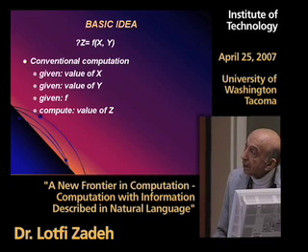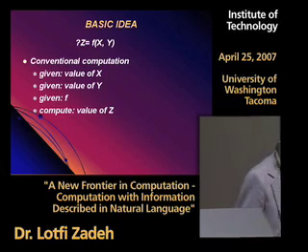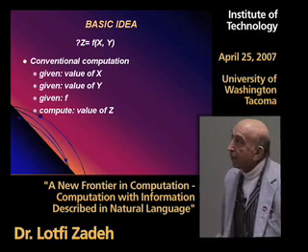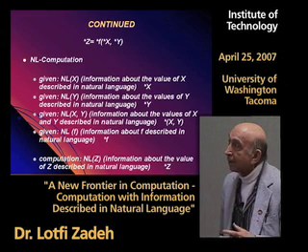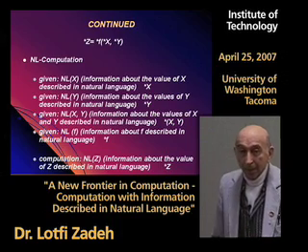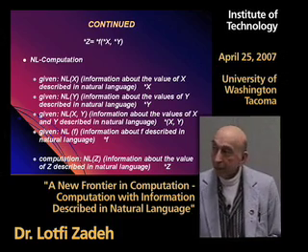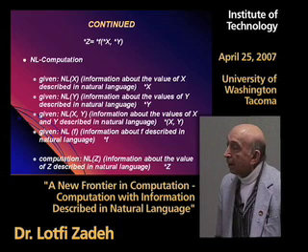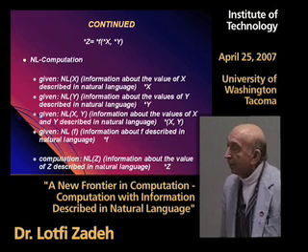Now, suppose that you have some information about the values of x. Let's call it NLX: information about x described in natural language. And then I ask you, what will be the value of z?